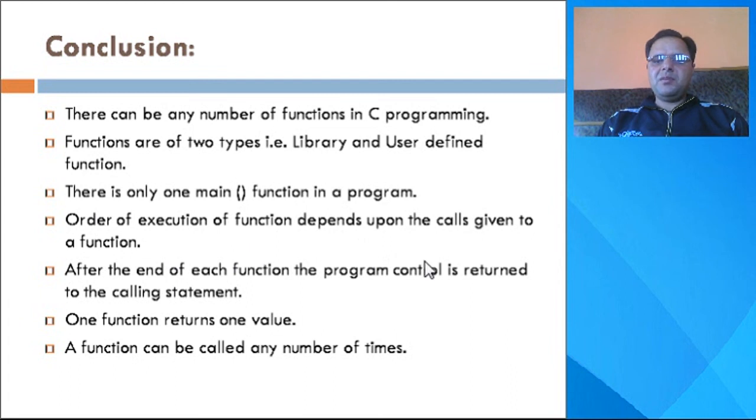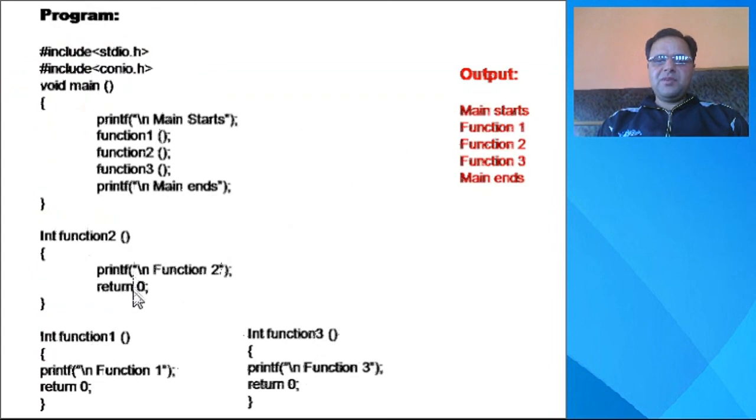The order of execution of functions depends upon the call given to the function. Whichever function we call first, that function is executed first. After the end of each function, the program control is returned to the calling statement. For example, this function ends, so control again comes here.